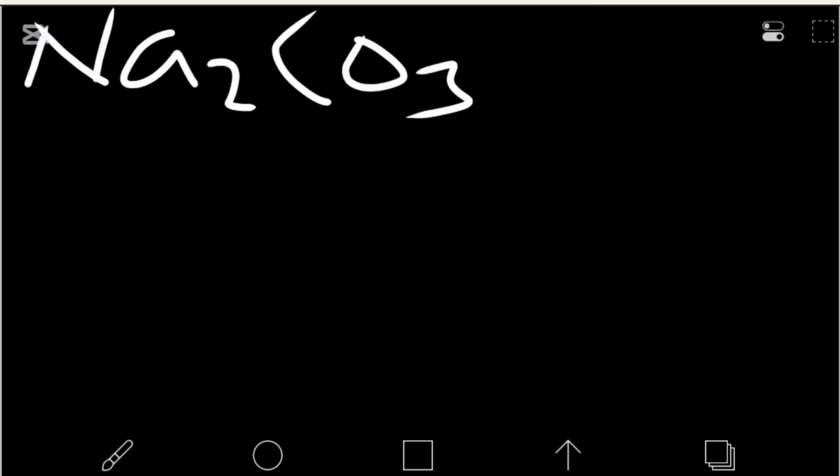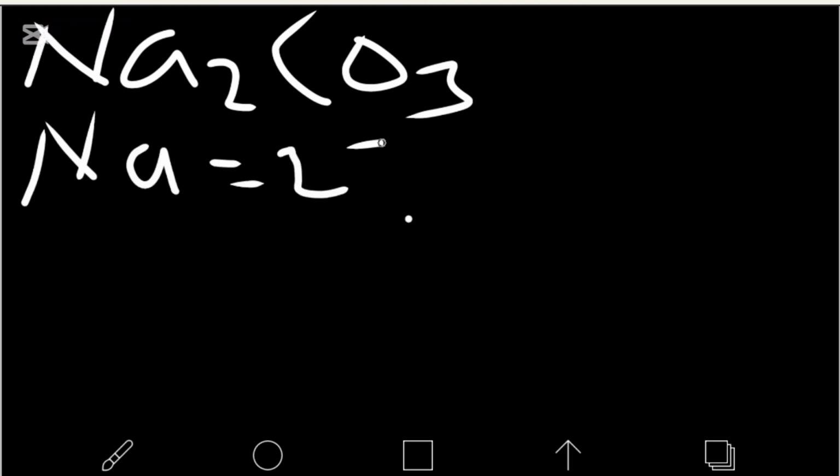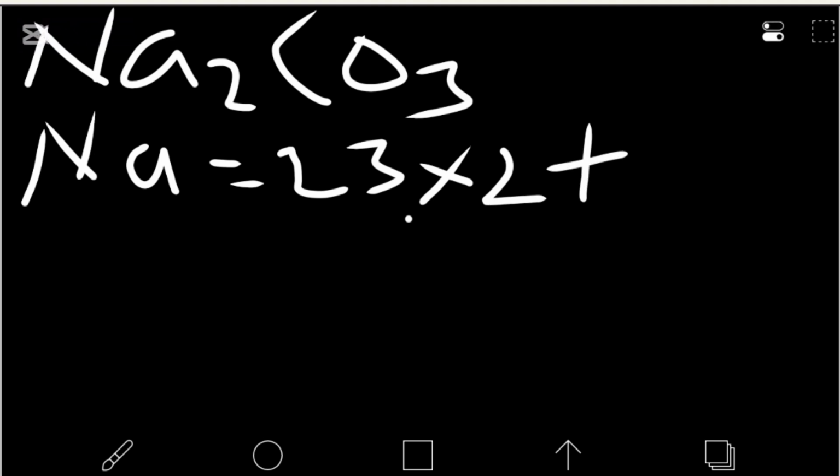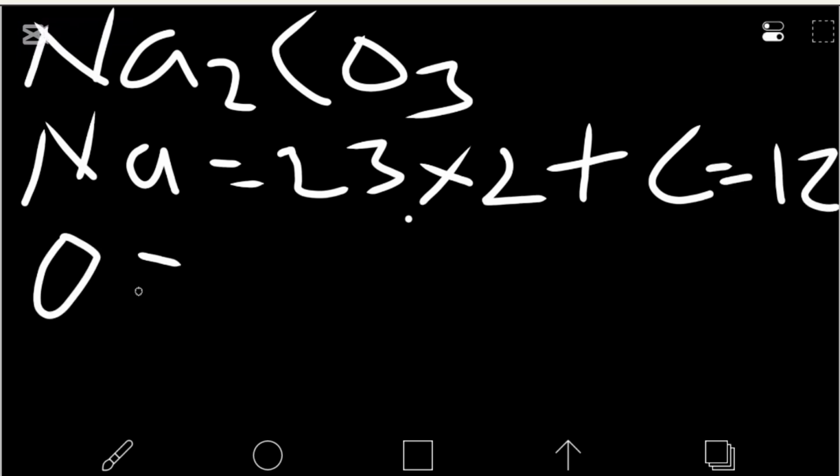The molar mass of sodium carbonate: sodium is equal to 23 times 2, because 2 of sodium are there. So plus carbon is equal to 12. Oxygen is equal to 16 times 3.